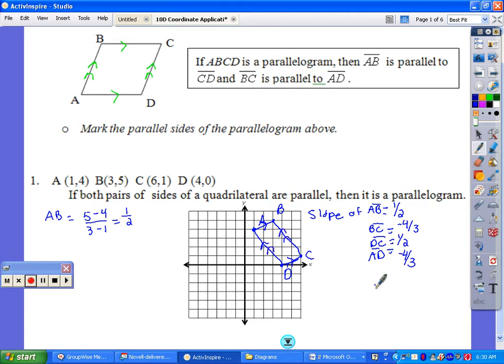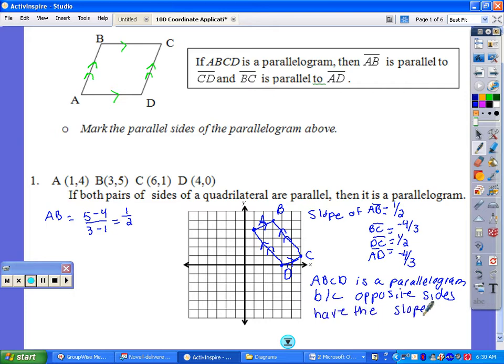So if it asks, is this a parallelogram, we would say ABCD is a parallelogram because opposite sides have the same slope and therefore are parallel.